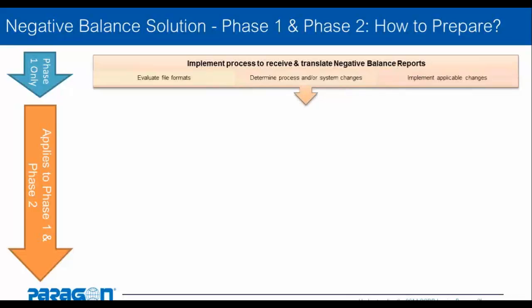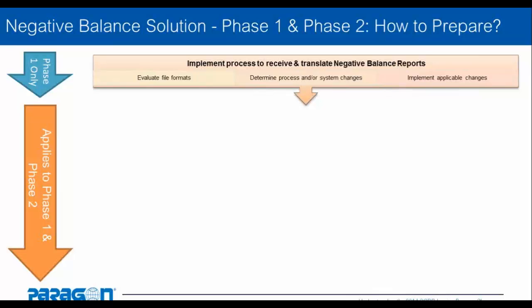You'll first need to download the file formats samples from the TPA's website. You'll need to evaluate the file formats and determine applicable changes to your processes. Consider the following when evaluating file formats for potential system and process changes: the ability to load, translate the files, and a means to summarize expected negative invoice payments.